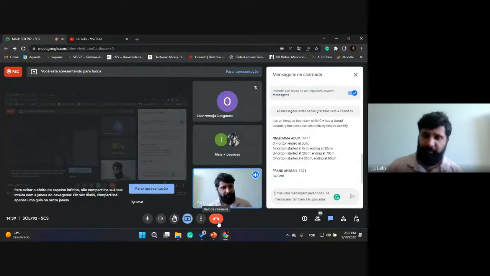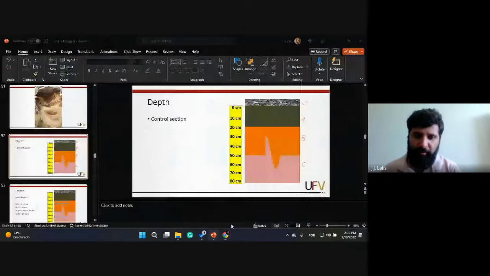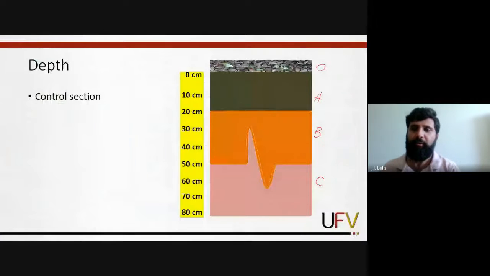Okay, let's start. I will start here. Let's start to make the measurements here. When we are describing mineral horizons like this one, when the organic horizon is not so thick, not so expressive, we just need to put the tape at the beginning of the first mineral surface horizon.